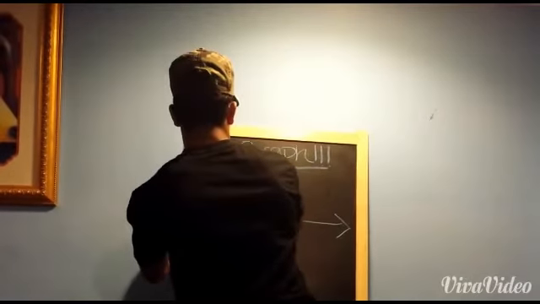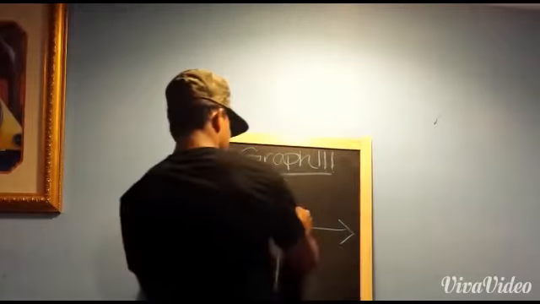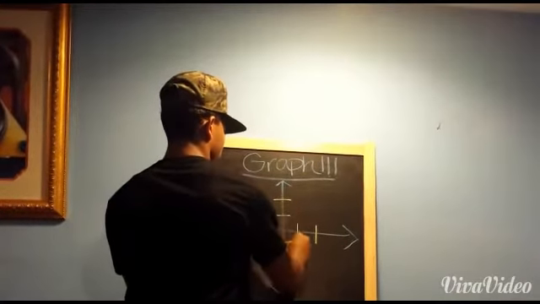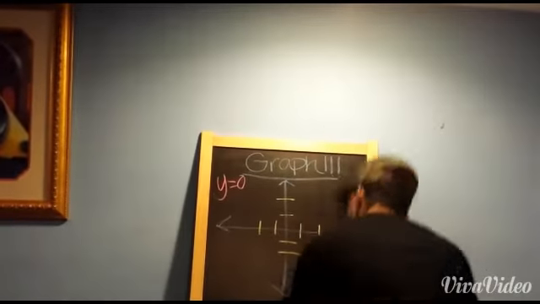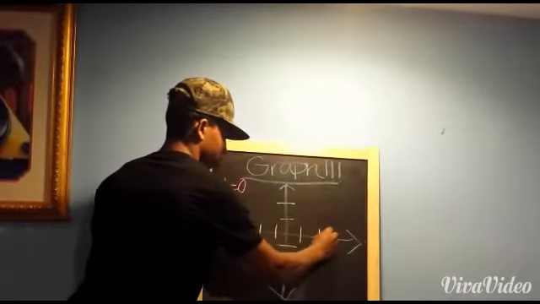Okay. Now, because y equals 0, we're going to put a couple points on here. Considering that y equals 0, we're going to have a horizontal asymptote at 0.